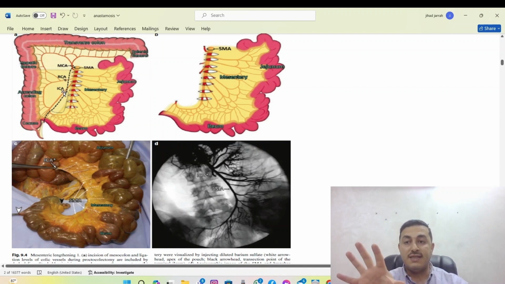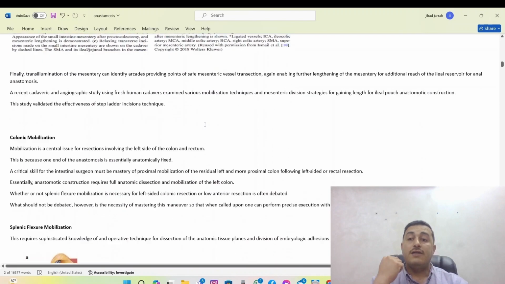It includes this dotted black line, resection of the right-sided branches of the SMA, including ileocolic, right colic, middle colic, and relaxing incision through the mesentery. Transillumination, the light, can help us, and preserving the jejunal and ileal branches.